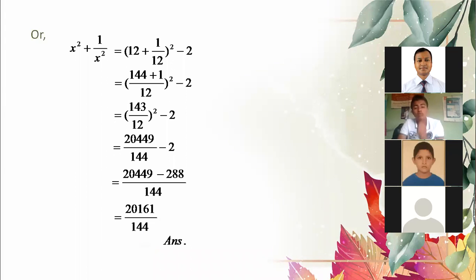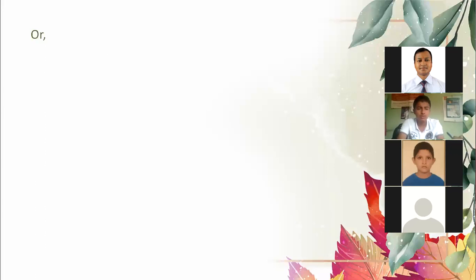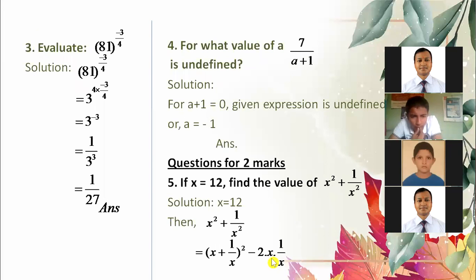Is it clear to you all? How did the minus 2 come back? Just look at this step. Here x and x cancel.